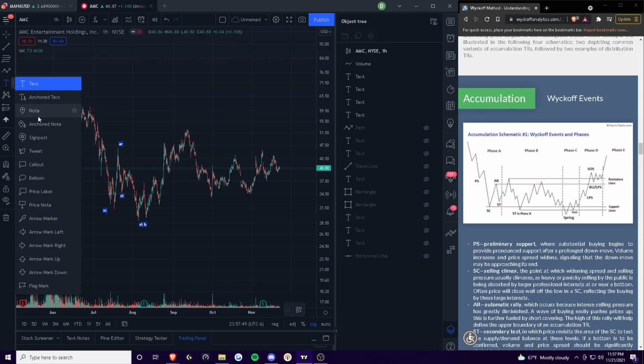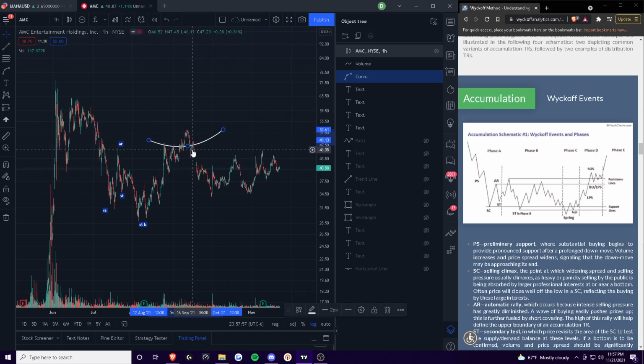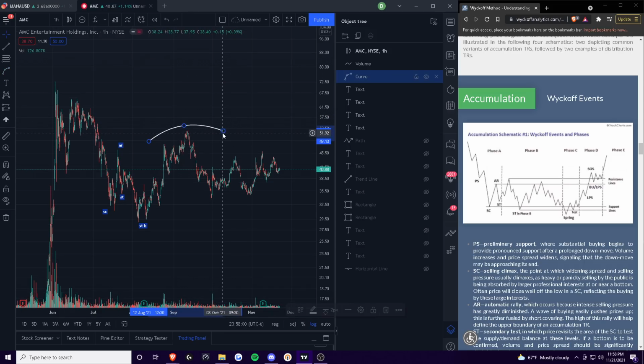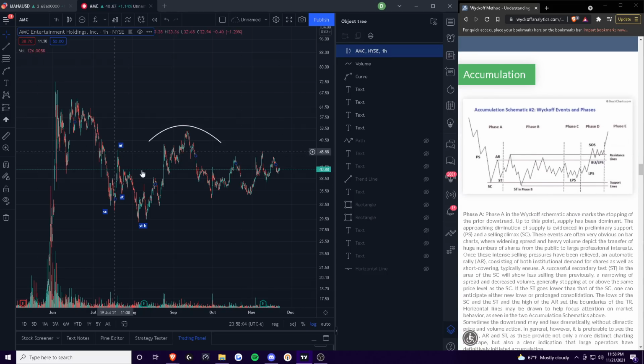So you see this phase B section here. It's kind of like a distribution that's built into a larger accumulation, if that makes sense. So you have your distribution here. And then I would say that it's more like this schematic.